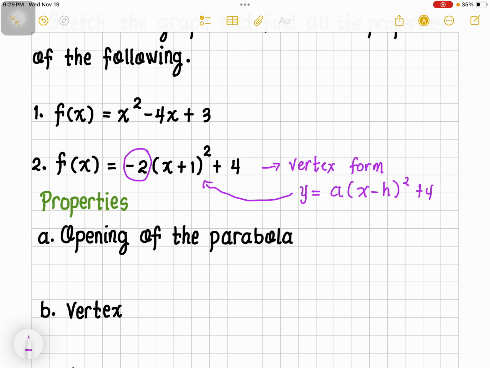And if a is less than 0, the parabola opens downward. Since our a is less than 0 and that is negative 2, so negative number yon. So therefore, the parabola opens downward. Okay? So, ganun lang kasimple. The parabola opens downward.